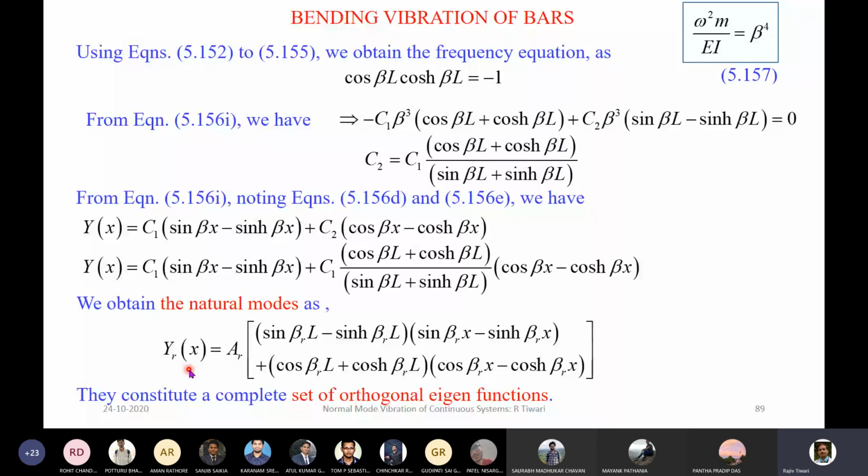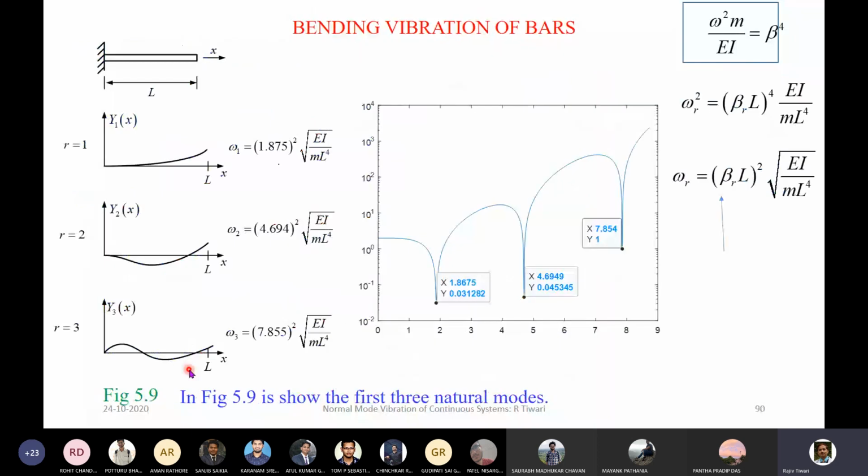So here, let me first show the plotting. These are the different mode shapes for beta R equal to 1, 2, 3. So how the beam will vibrate is shown here. Here you can see that I think this should be improved.